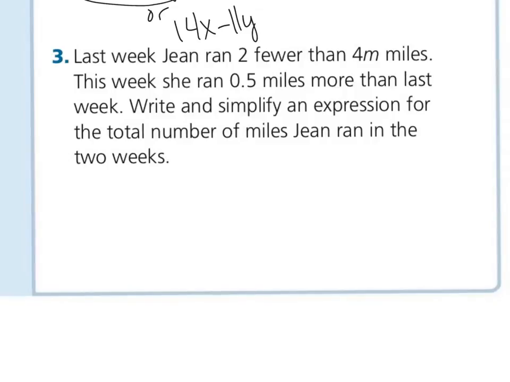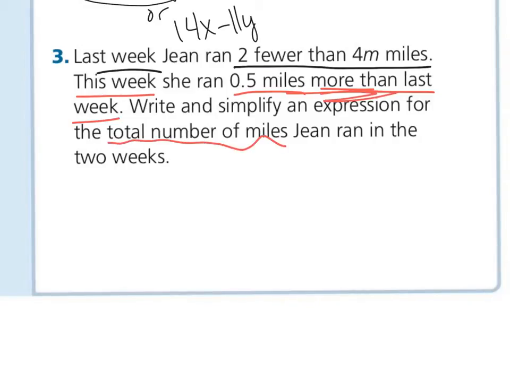We look at number 3. Last week, Jean ran 2 fewer than 4m miles. This week, she ran 5/10 of a mile more than last week. Write and simplify an expression for the total number of miles Jean ran in the 2 weeks.